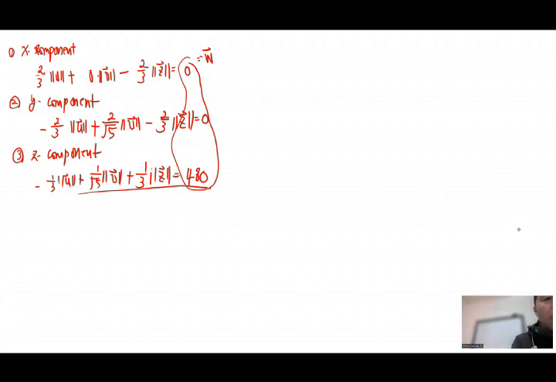So from that, now you have 3 unknown variables, but you also have 3 equations. So based on linear algebra, you can derive the numbers for the U, V, Z vectors.